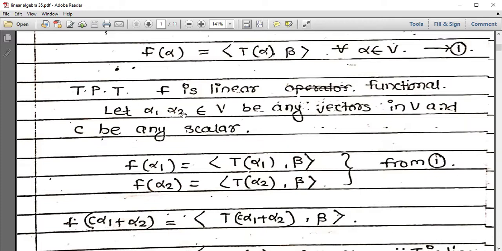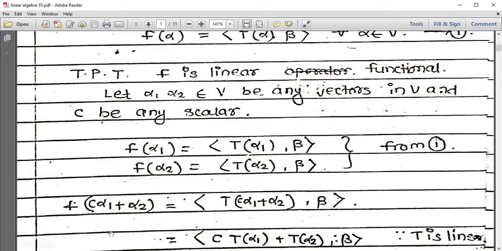To prove that f is a linear functional, we consider f of C alpha 1 plus alpha 2. By the definition of f, this can be written as the inner product of T of C alpha 1 plus alpha 2 with beta.